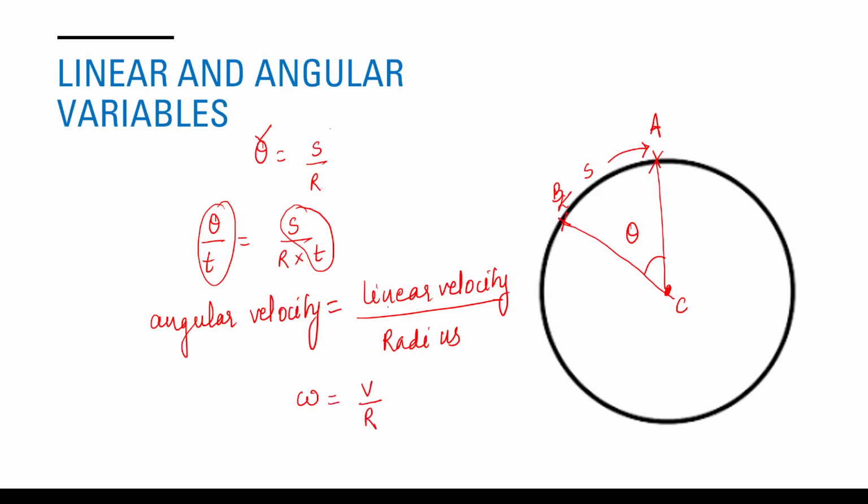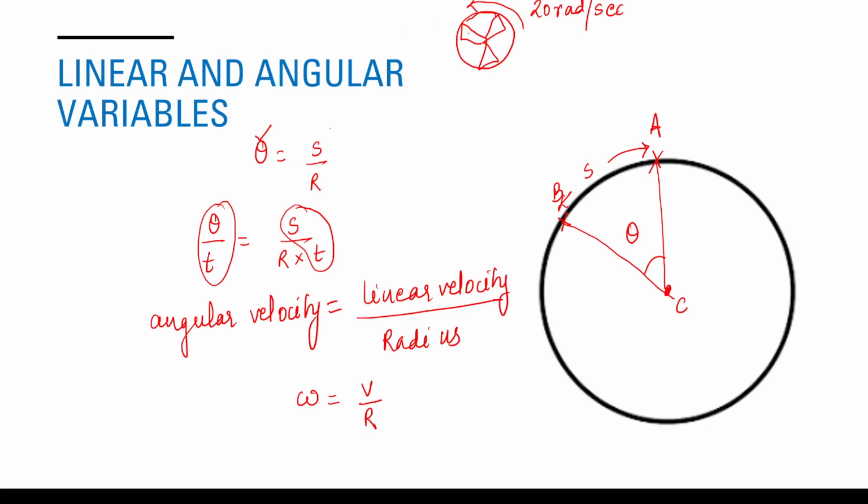What this means is, let's take the fan. This fan is moving at a speed of, let's say, 20 radians per second, a constant speed.